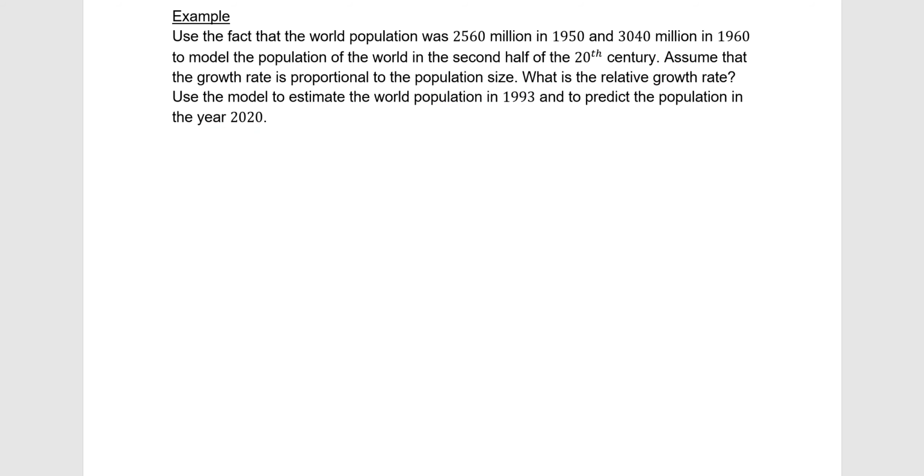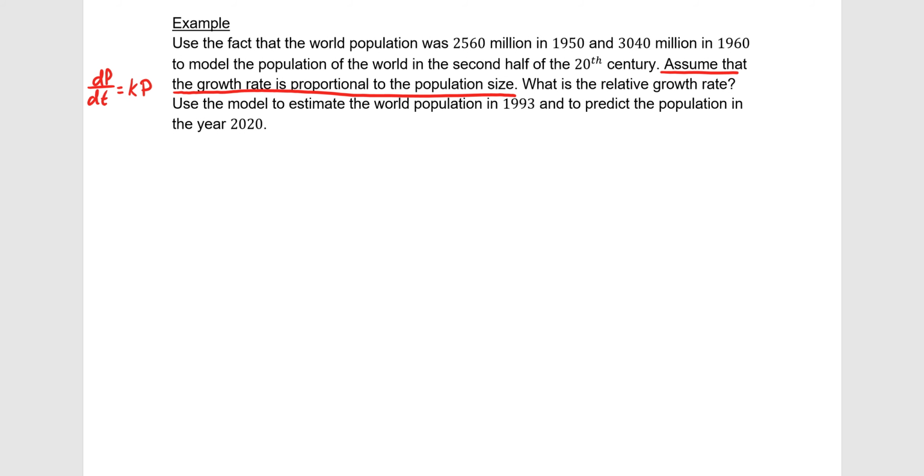Something that's very important that tells us how we're setting this up is this statement right here. Assume that the growth rate is proportional to the population size. That tells us that we're going to be using p prime equals k times p, or dp dt equals k times p. It's kind of obvious that that's what we have to use. That's the differential equation because that's what we just talked about, but that's how you know that we are using that.